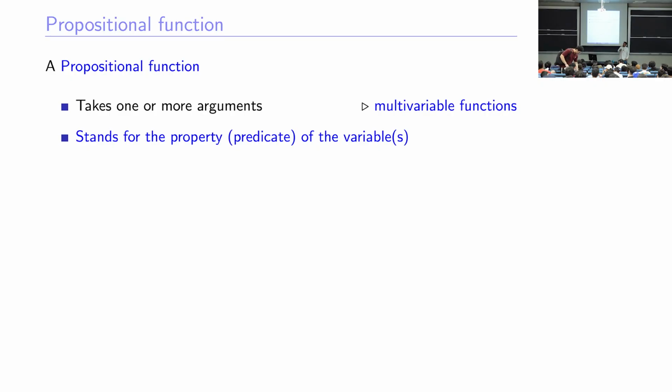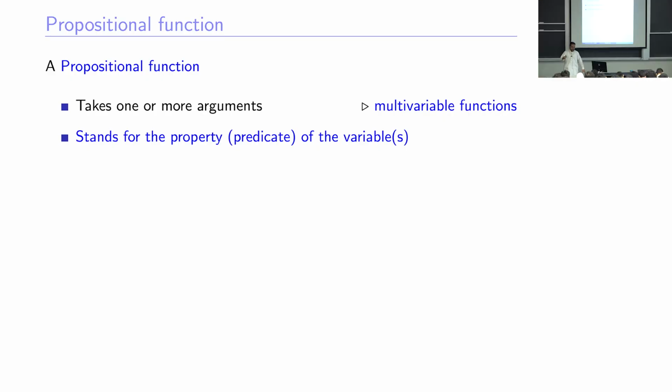Okay, so a predicate generally takes one or more arguments, it's a predicate about one or more variables or subjects, and it stands for the property of the variables. It could be multivariable predicates, just like we have multivariable functions, right? So these are multivariable propositional functions.